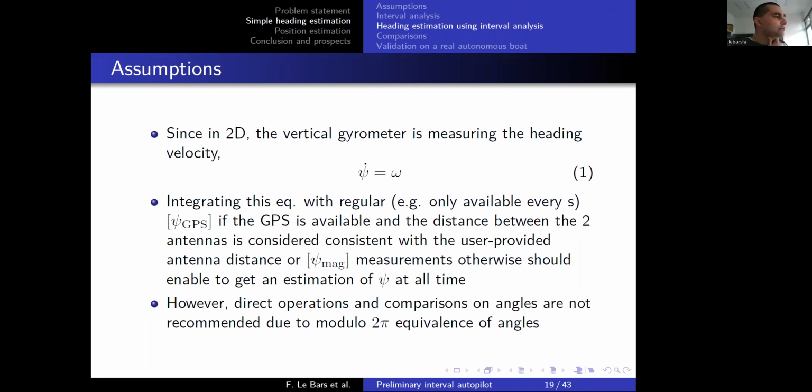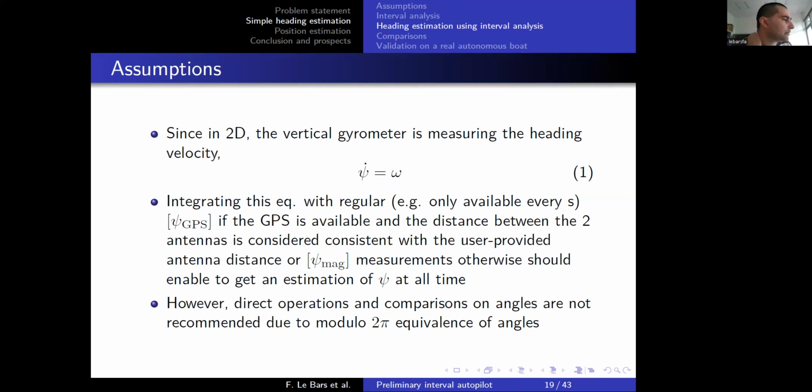So thanks to the gyrometer, we can say that psi dot is equal to the measurement of the gyrometer. And what we would like to do is, assuming that at some point we have an absolute value of the heading, for example thanks to the GPS, integrate this equation to get an estimation of the heading at a higher output rate, or during periods where the GPS would not be available.